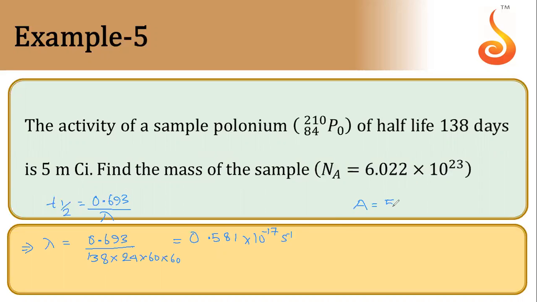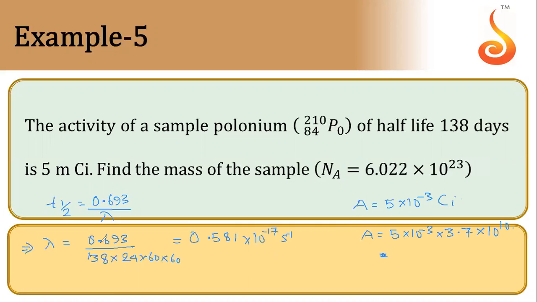So activity is 5 into 10 raised to power minus 3 curie. We have to convert it into SI unit also. For that you have to multiply it with 3.7 into 10 raised to power 10. So this will give you activity.